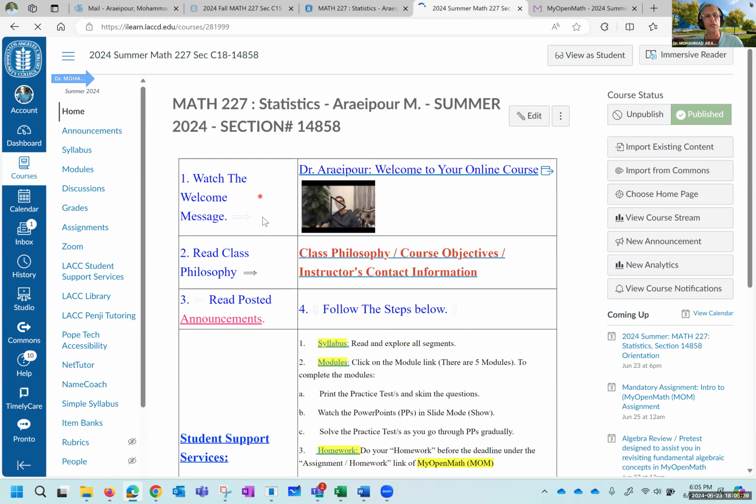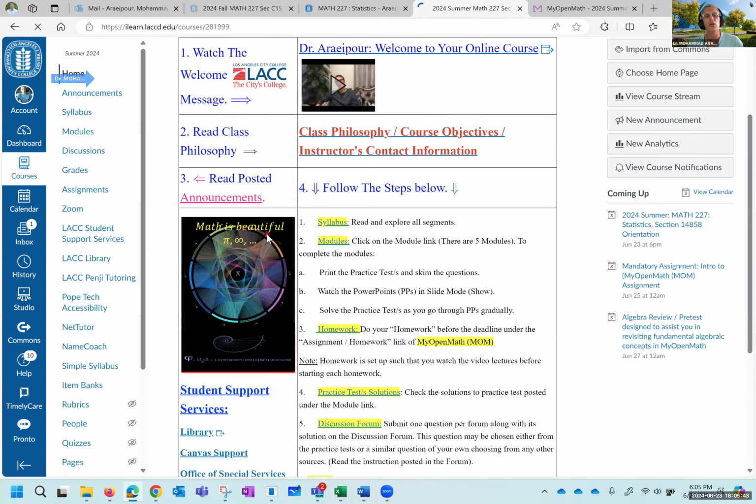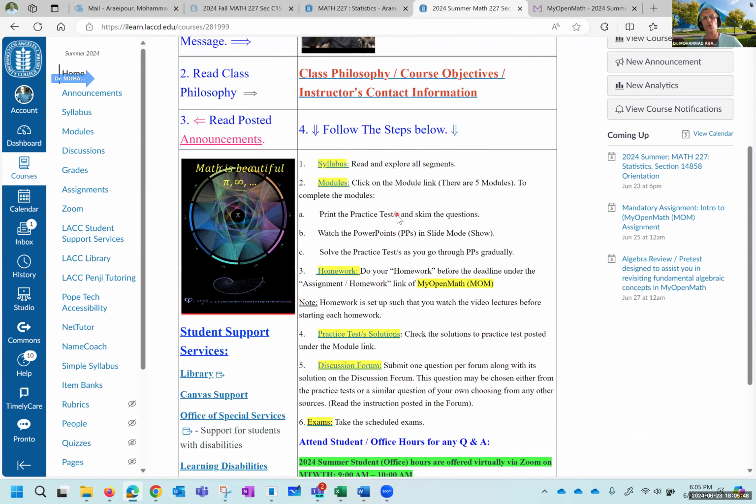After number 3, I'm just following the home page and the numbers, comes number 4. So what do we find under number 4? We have the syllabus, modules. Under the modules, we have the practice test, PowerPoints, solution to practice test, homework, which is done through a digital platform called My Open Math.